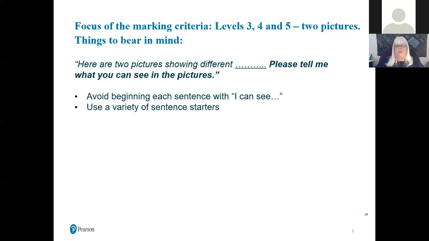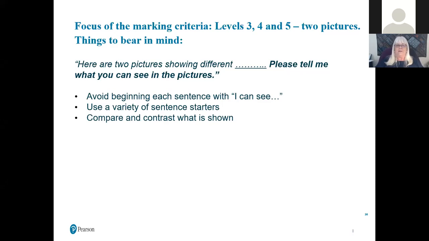Quite often we get, because they are answering the question they're being asked, what can you see? I can see this, I can see that, I can see the other. But, as language teachers, they need to be able to use a wider variety of sentence starters, and that will help them score a higher mark. They also need to compare and contrast what is shown.